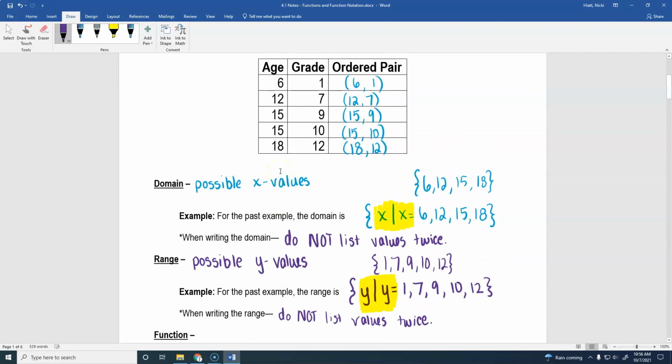Okay, so relations can just be any set of ordered pairs. But functions are a specific type of relation. Okay?